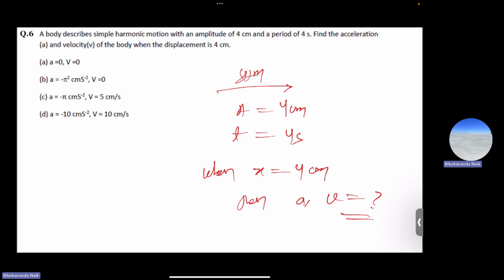So the correct answer is option B, A equals minus pi square centimeter per second square, and V is 0.